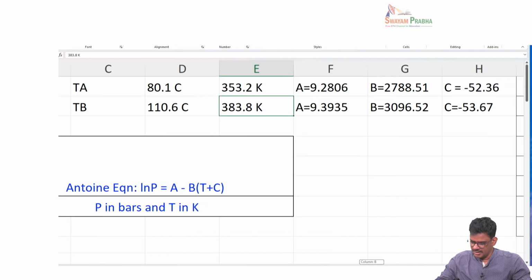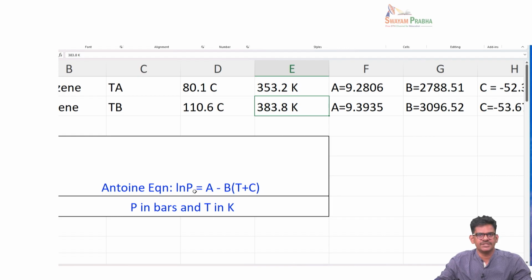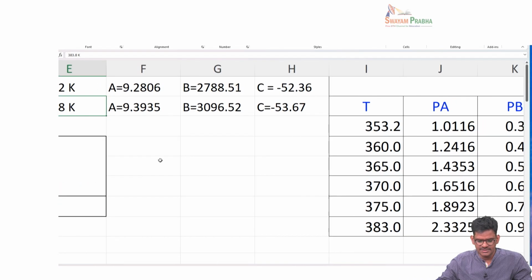Then I go to the Antoine equation, which is ln P is equal to A minus B by T plus C, as I said already. One thing you have to be very careful about is the units used. The constants A, B, C depend on the unit system. In this case, P is in bars and T is in Kelvin, so you have to stick to that choice of units. I looked at a standard data book and found the values of A, B, C for benzene and toluene, given here.